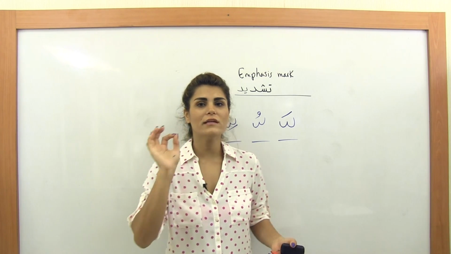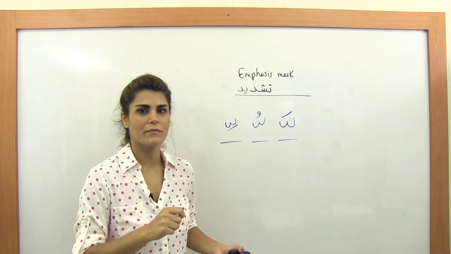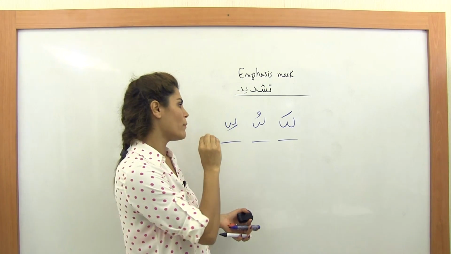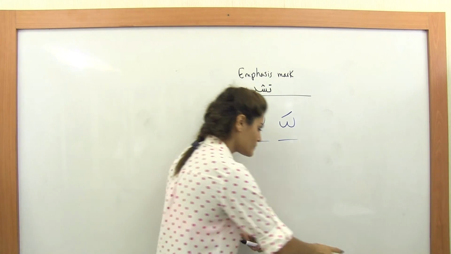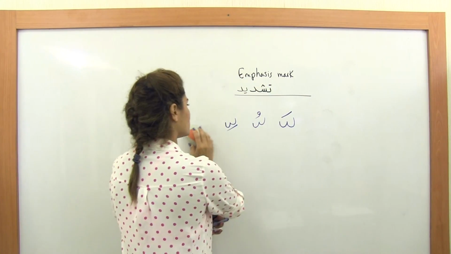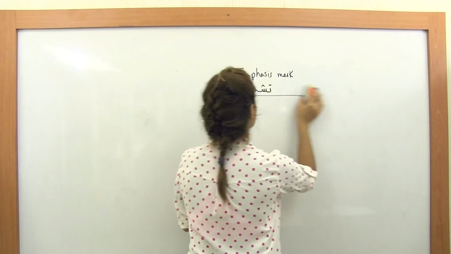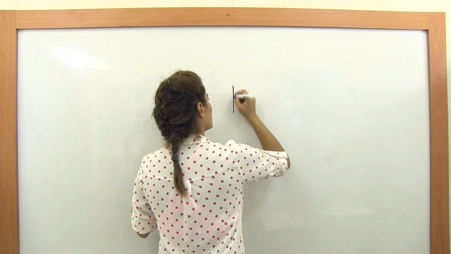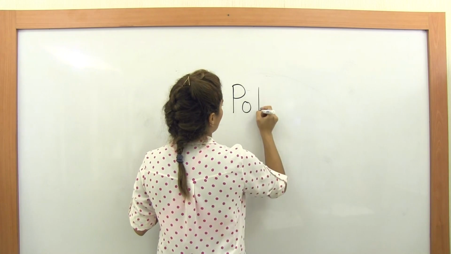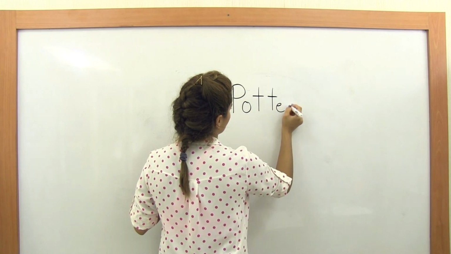Now I want to give a little approach before I give you examples to read, to help you understand the shadda better. Let's suppose we are taking the word potter, okay?